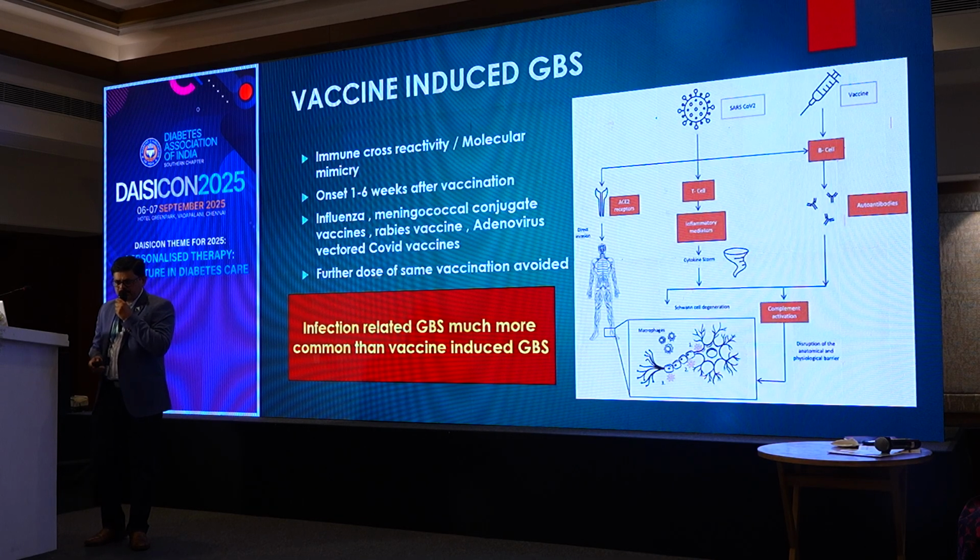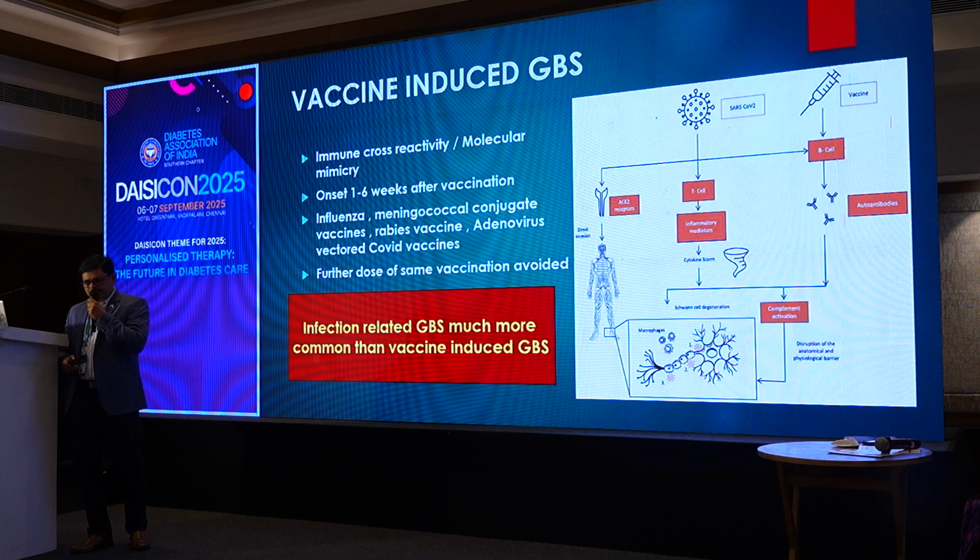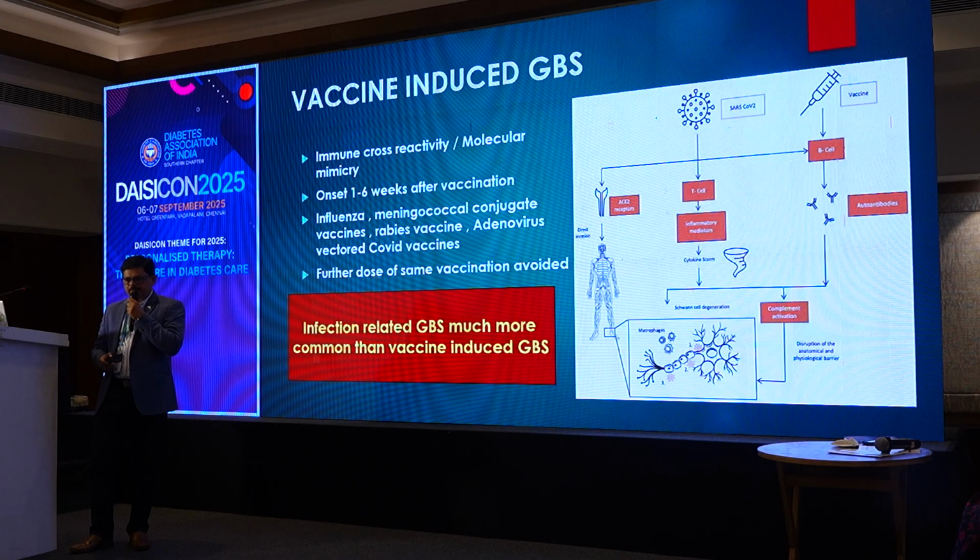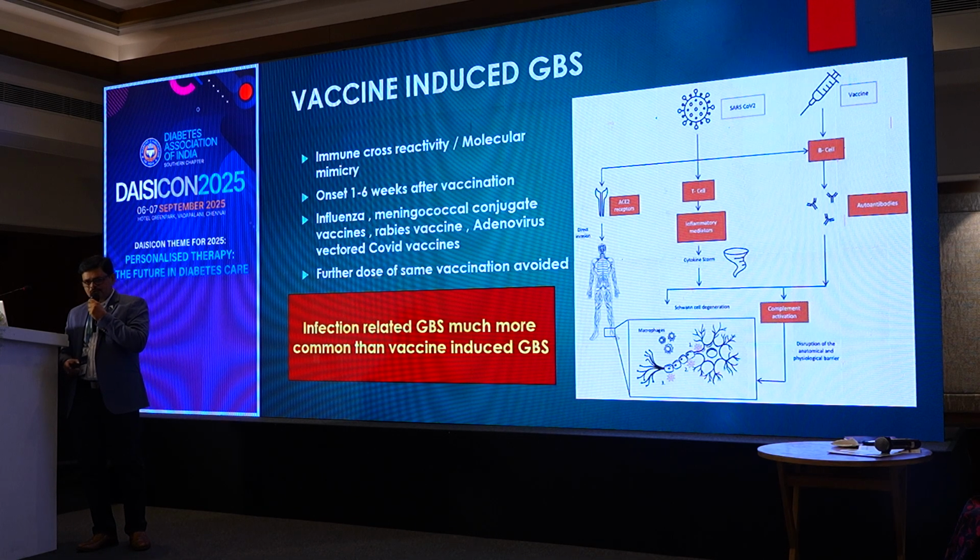The mechanism may be immune cross-reactivity or molecular mimicry. The onset is 1 to 6 weeks after vaccination. This is common following influenza, meningococcal, rabies, adenovirus and other COVID vaccines. You should not use the same vaccination again. Whether infection-related GBS or vaccine-induced GBS is more common is still questionable.